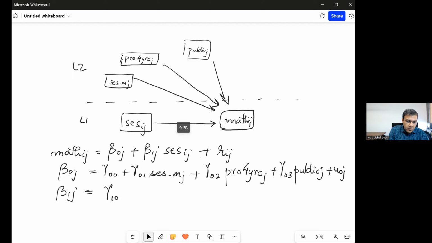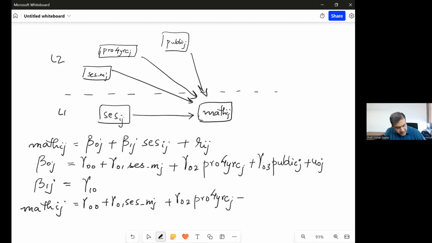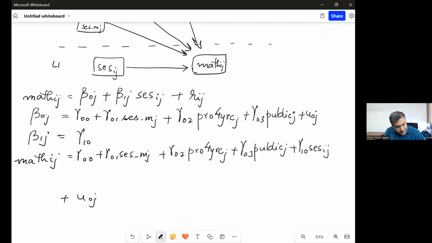There is no random slope at the moment. So what do we get? We get math ij is equal to gamma 00 plus gamma 01 SES mean j plus gamma 02 pro four-year college j plus gamma 03 public j plus gamma 10 SES ij plus u0j plus Rij.